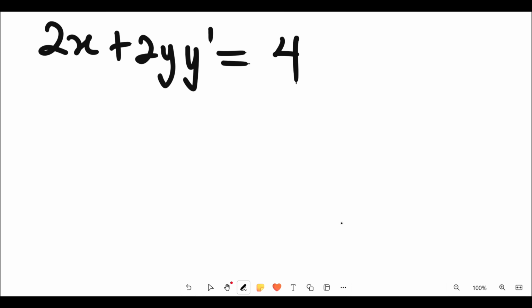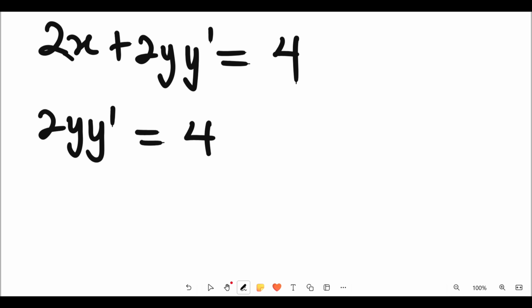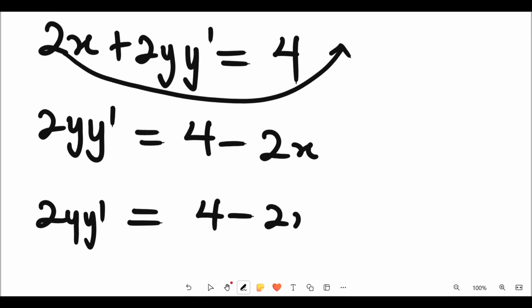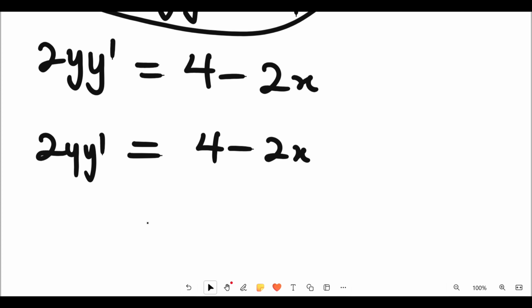All right. Then we need to make our dy dx the subject. So we get 2y multiplying y prime is equal to 4. Then we transpose our 2x to the right hand side, and we get negative 2x. So this gives us 2y multiplying y prime is equal to 4 minus 2x.